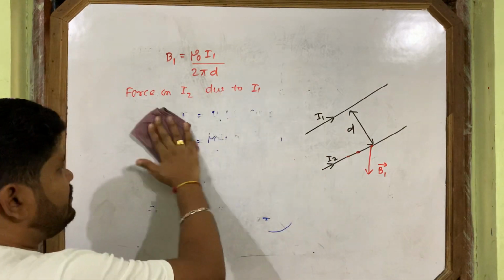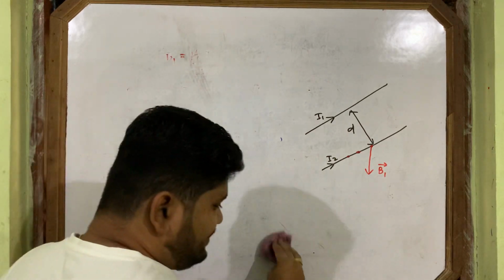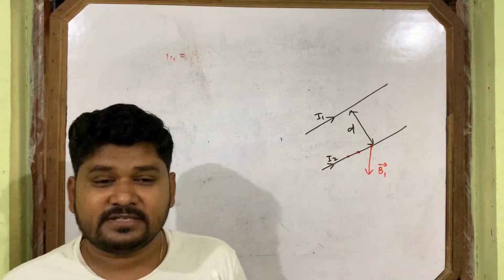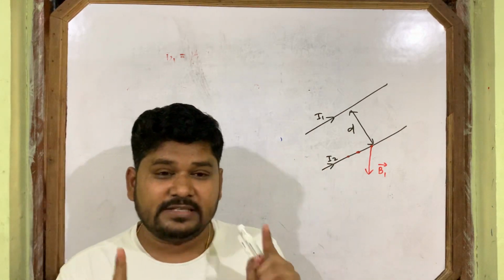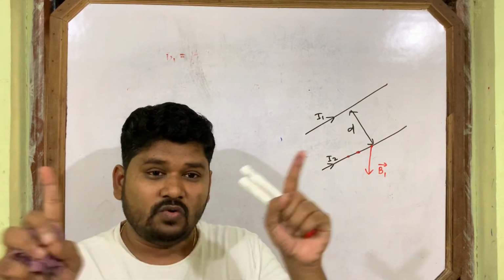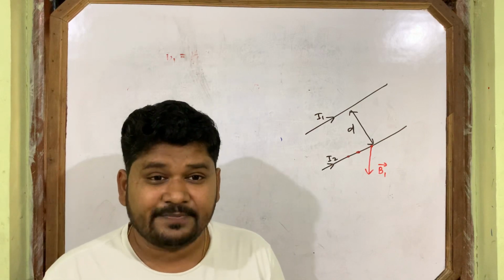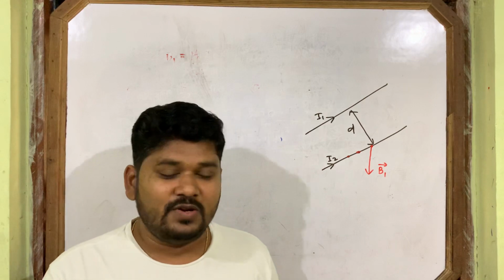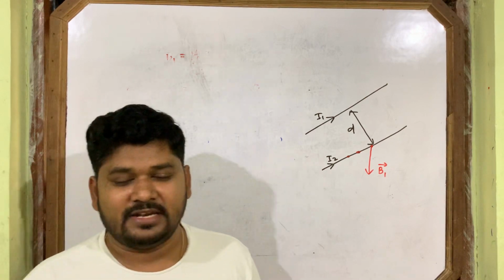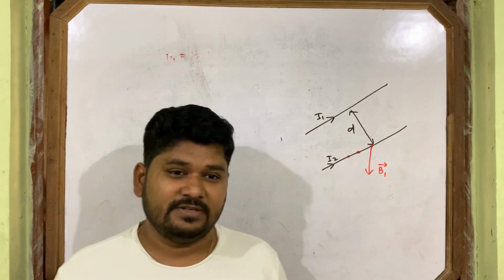How force acts between two parallel currents. This is a very important 3 marks derivation for CBSE board examination. If you ask me which 3 marks derivation is important out of the whole syllabus of 12th class, I will tell you this one is the most important derivation, which always comes in the 12th class board examination.